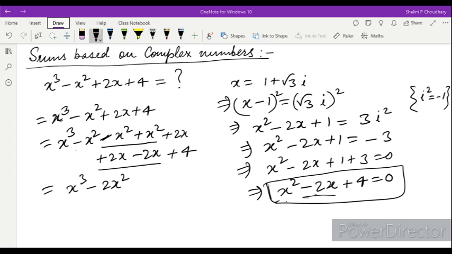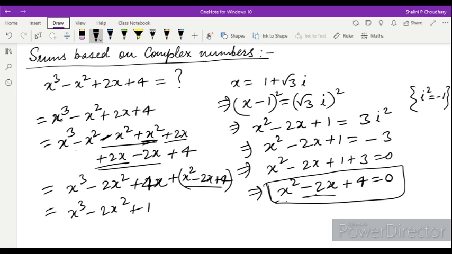So here we can write x cube minus x square minus x square, minus 2x square, plus 2x plus 2x, plus 4x. And now we can write x square minus 2x plus 4. This x square minus 2x plus 4 will be equal to 0. So x cube minus 2x square plus 4x plus 0.